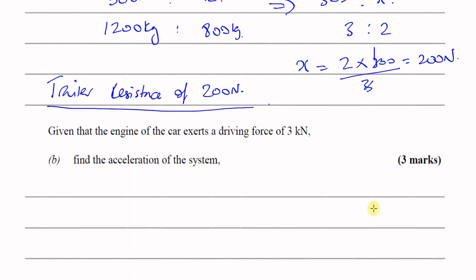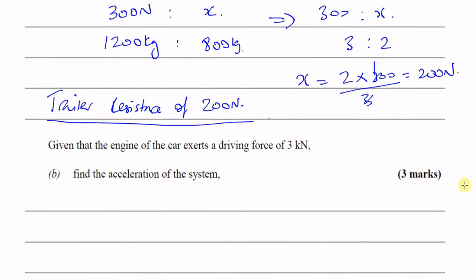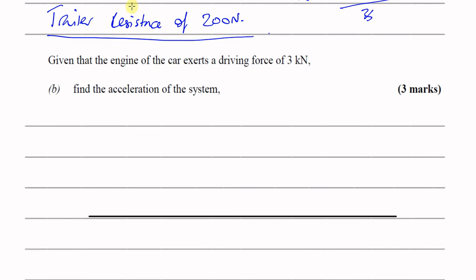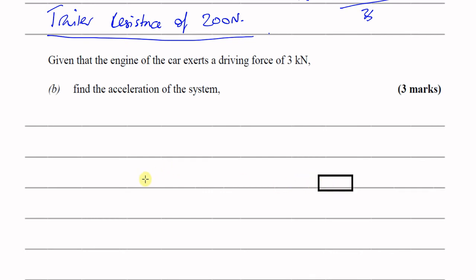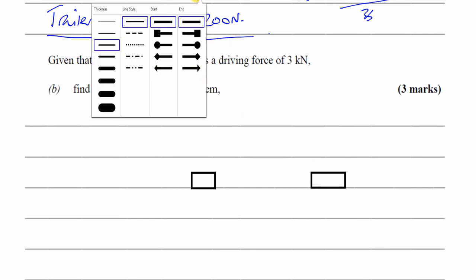So you've got a car. In fact, I won't even draw this road. You've got a car and you've got a trailer. Let's say this is the car and this is the trailer. I'll make a bit of space between them. The car is pulling the trailer by means of a rope.